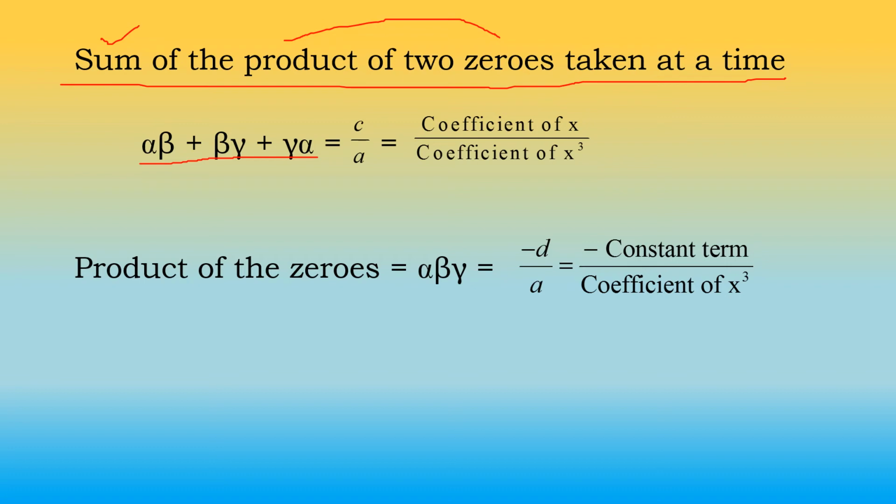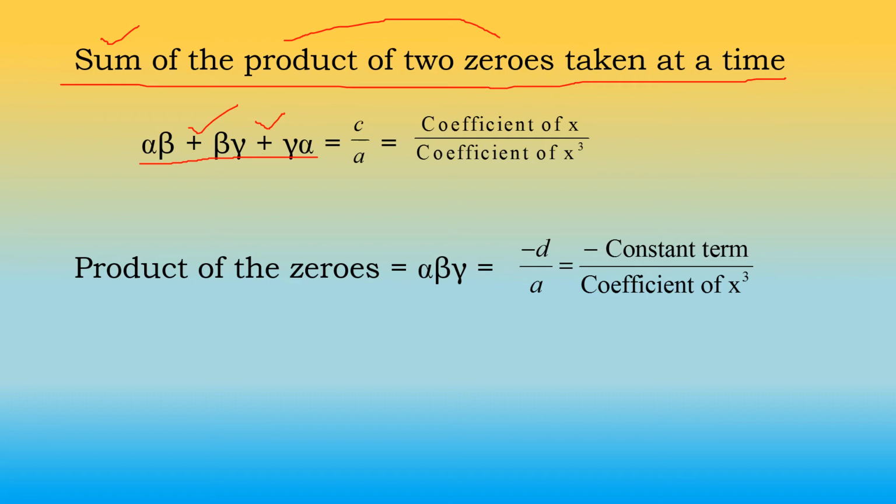Here alpha into beta is a product of two zeros, beta into gamma is a product of two zeros, and gamma into alpha is a product of two zeros. All these products, we are finding the sum.